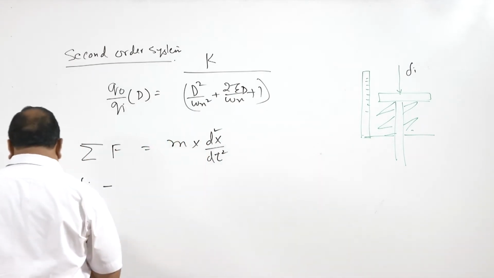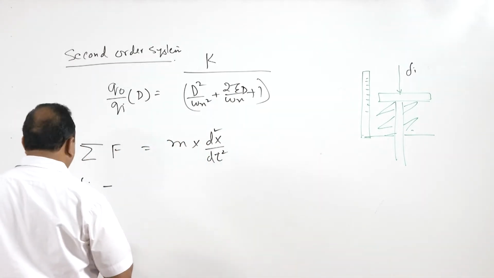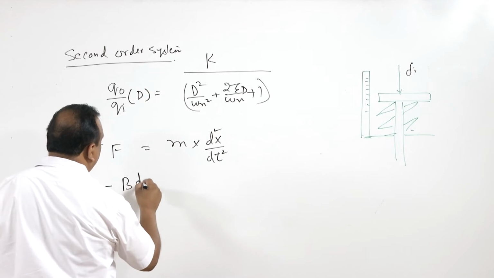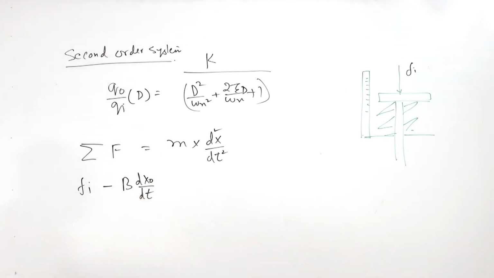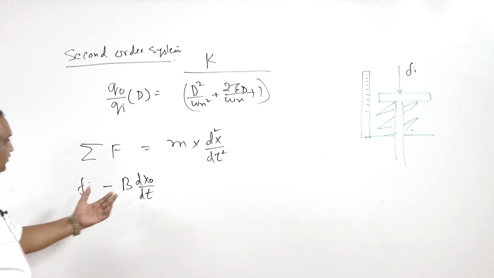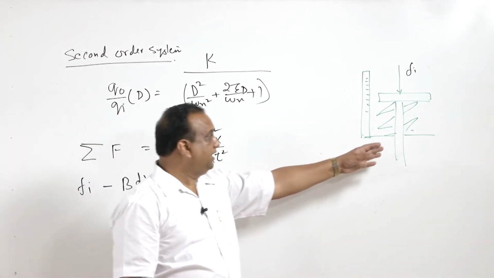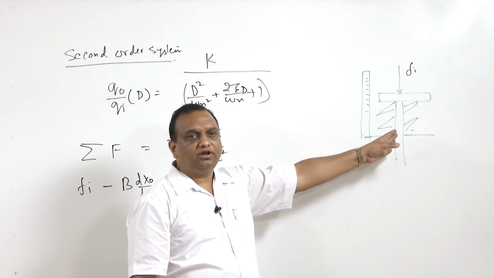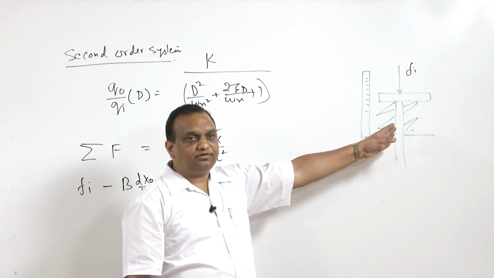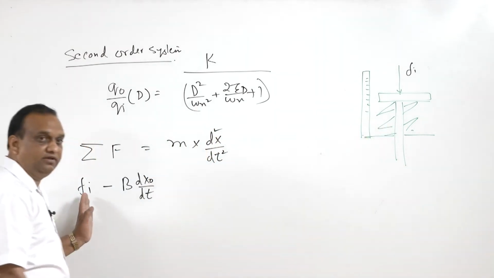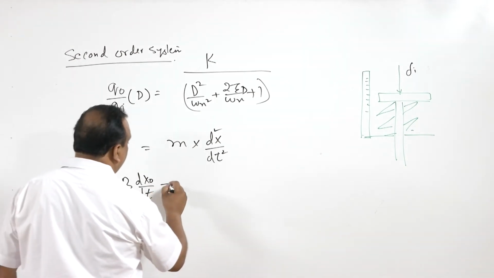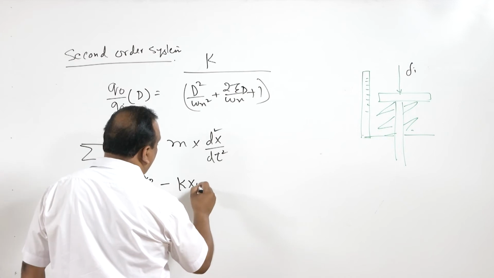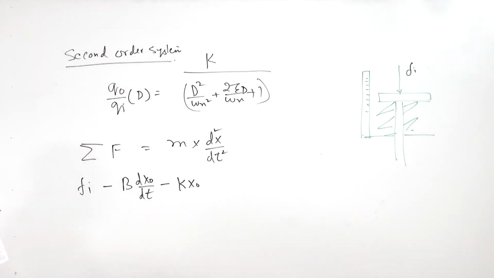When the damping of lubricating oil becomes effective, then it is B dxo by dt, right? This damping of the lubricating oil will resist Fi, so it is in the opposite direction, minus Kxo, the force due to the spring.